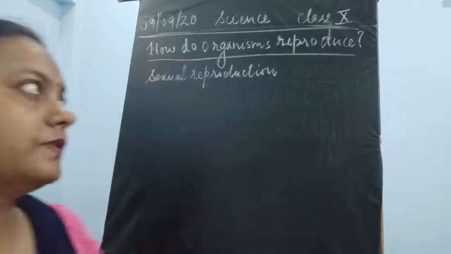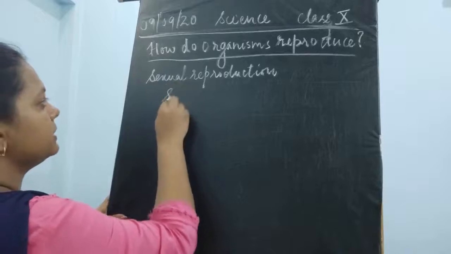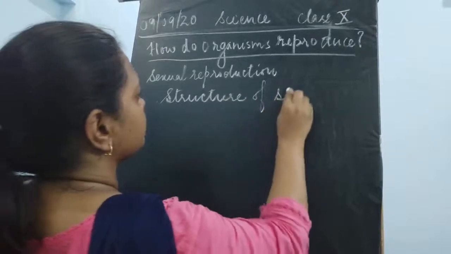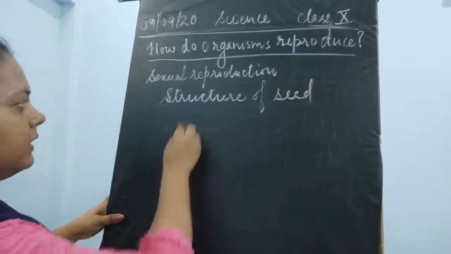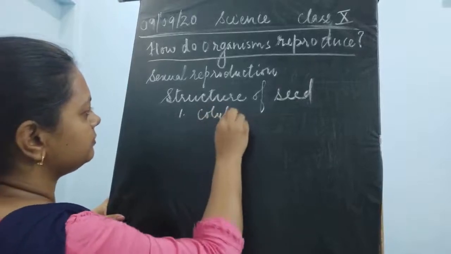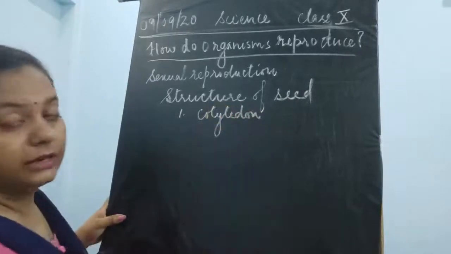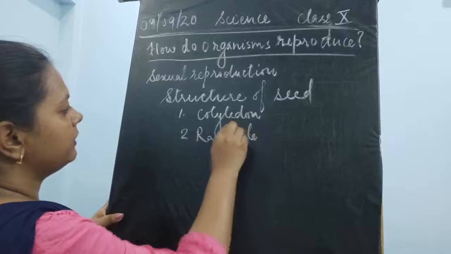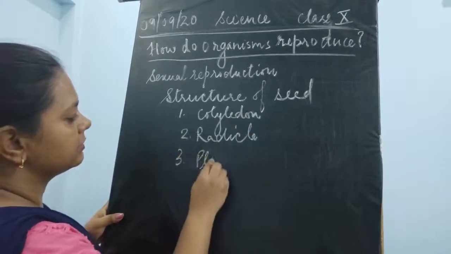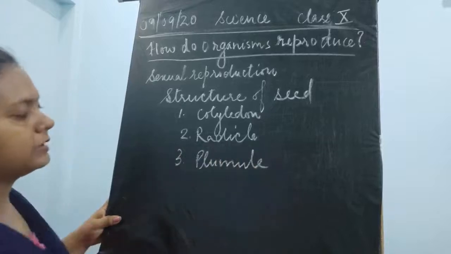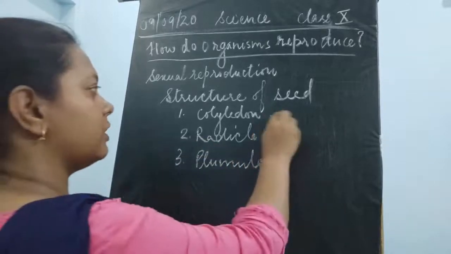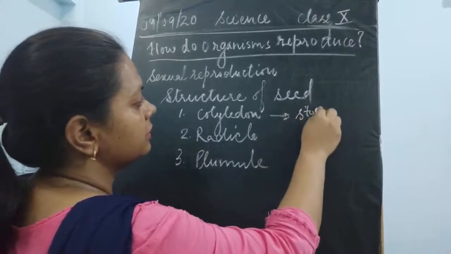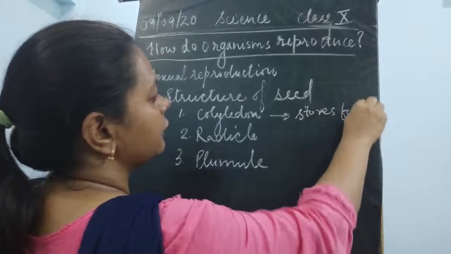We have also seen the structure of the seed after this, which has three parts. I have given you the cotyledons, then the radicle, and the third part is the plumule. The cotyledons are the stored food for the young plant.